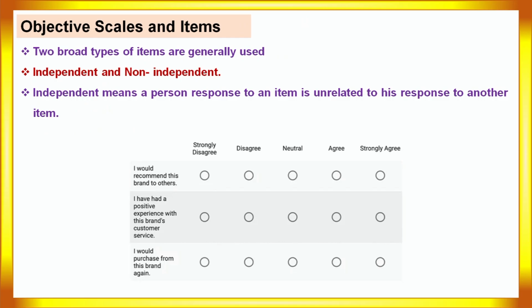On one side, there are two broad types of items that can be used in your measuring instrument or scale: independent and non-independent items. An independent item simply means that a person's response to a particular item, meaning statement, is not related to the response to another item. Like I was using the example of the farmer's attitude towards the farm bill.